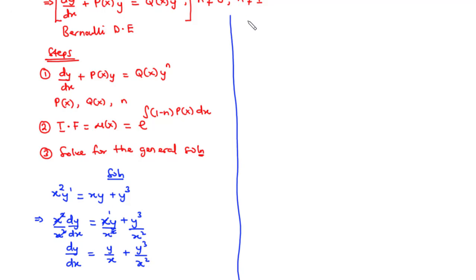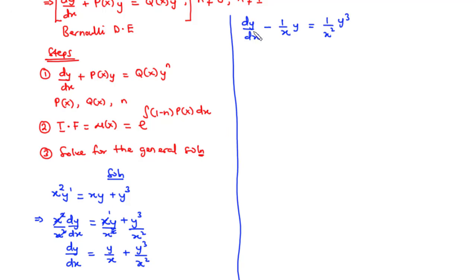So thus we have dy/dx minus y over x. Now instead of writing y over x, we are simply going to write minus 1 over x times y equals 1 over x squared times y cube.